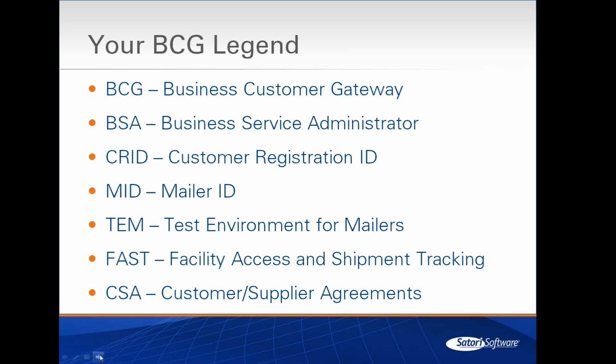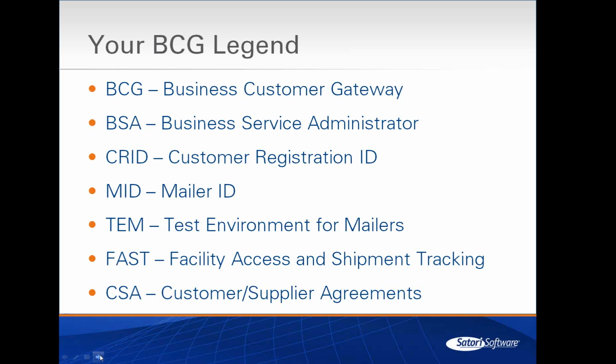When you log into the Business Customer Gateway, for each company there is going to be an administrator account, which is going to be the account that allows access for all the other users that are created for that company. And the administrator account is called the BSA, the Business Service Administrator.